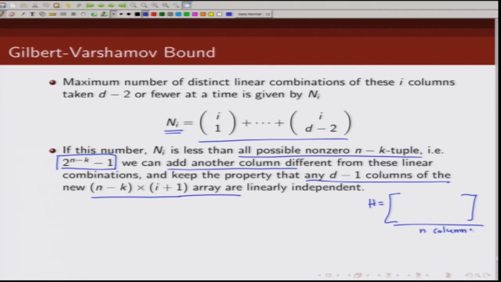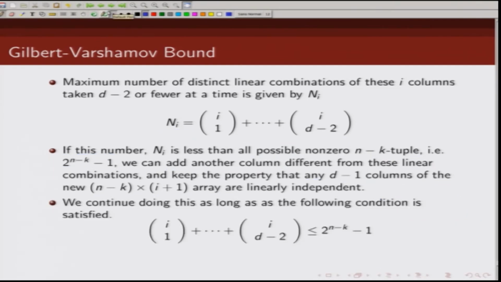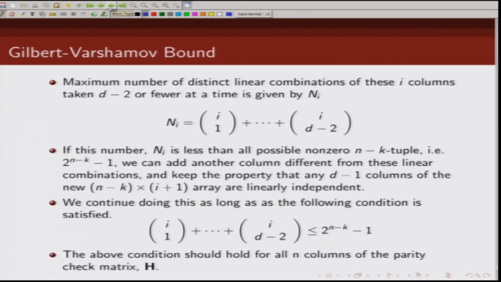So, this property that I mentioned here should hold for i equal to n. So, we continue doing this. What we want is that this number N_i should be less than 2 raised to power n minus k minus 1, and this should be true for all the n columns of the parity check matrix.